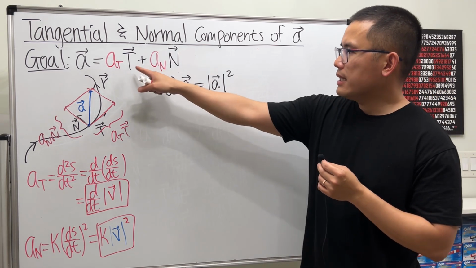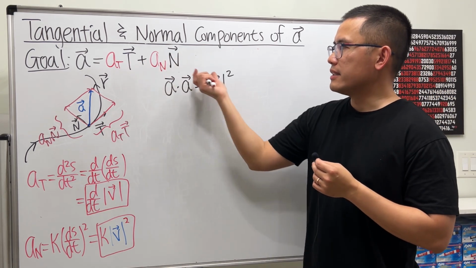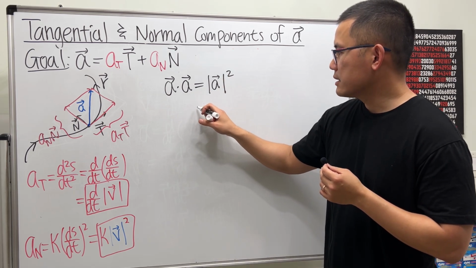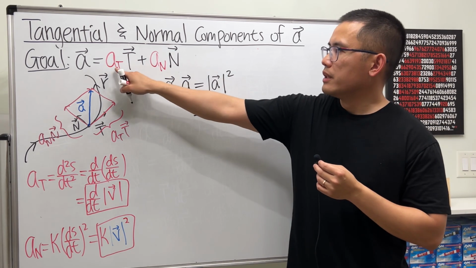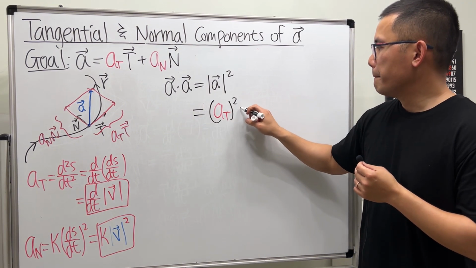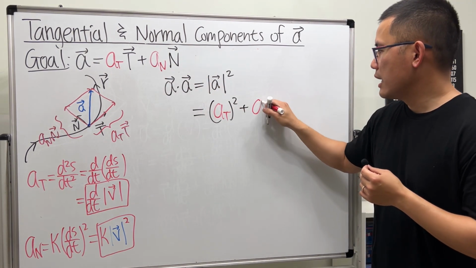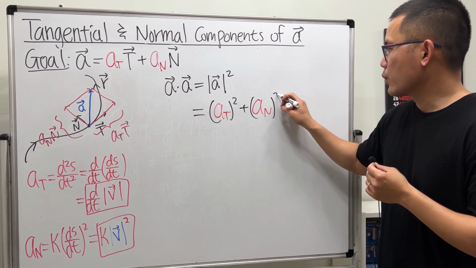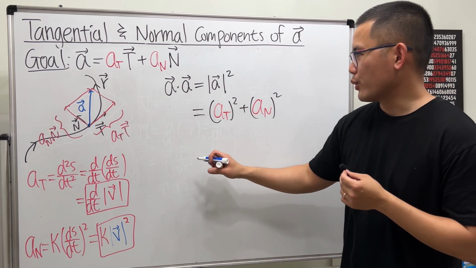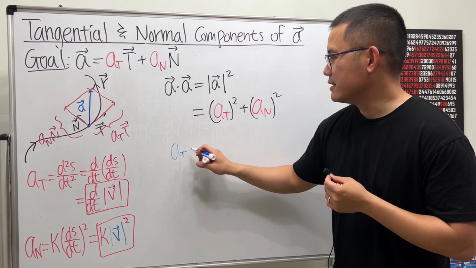But if you look at this, you can take this and then dot itself, right? And I'll tell you, in fact, what we are going to get is this being equal to this thing squared, so AT squared plus this thing squared, AN squared. And of course, you can just really dot this out real quick. So I will show you guys that this is correct.